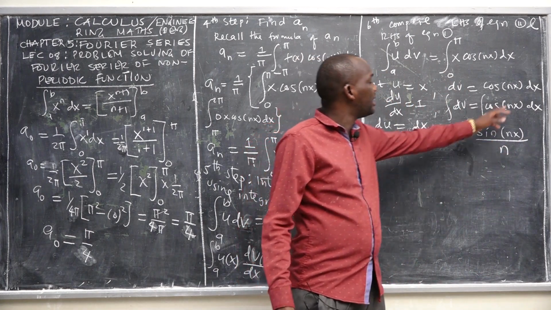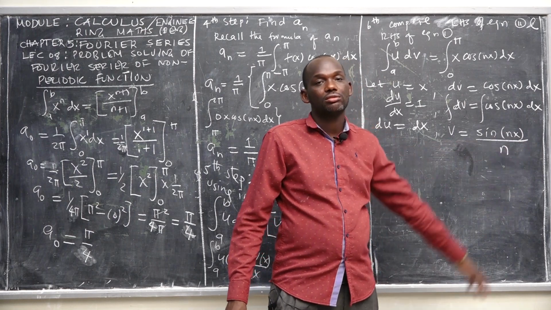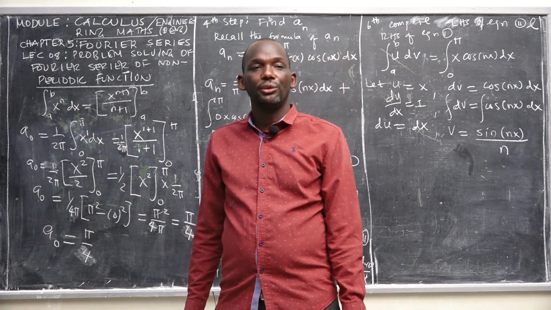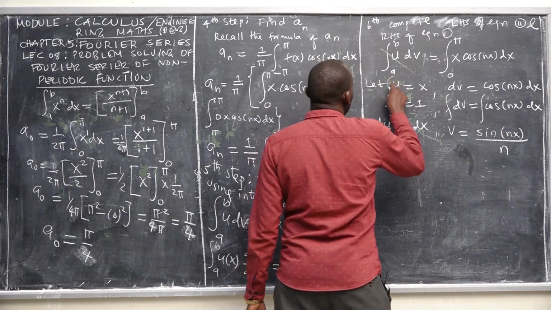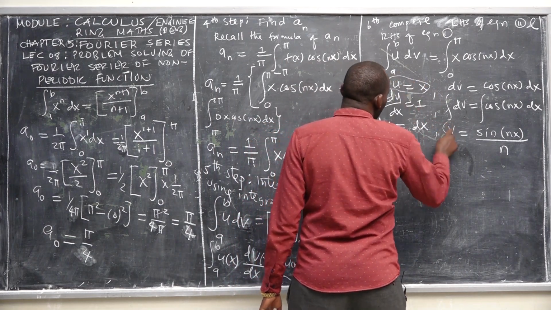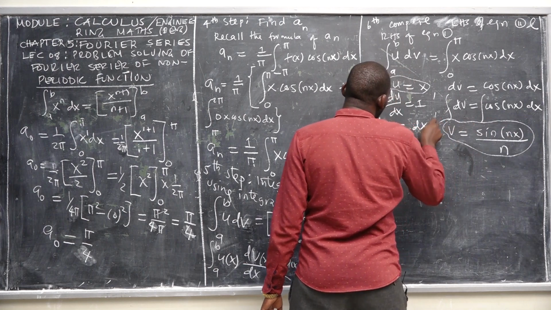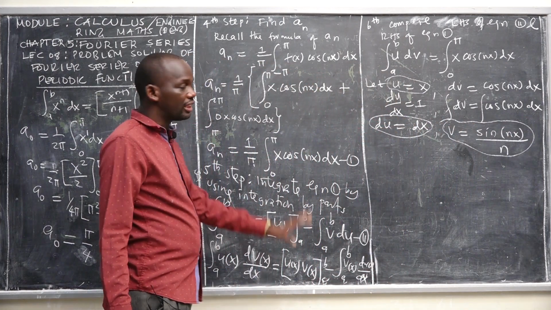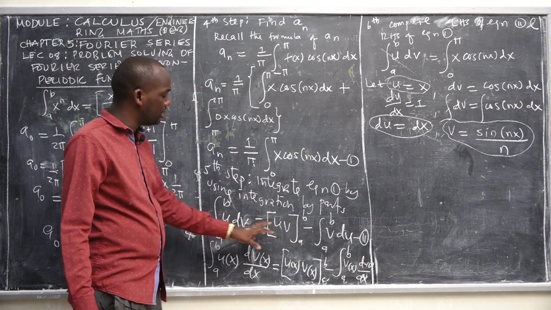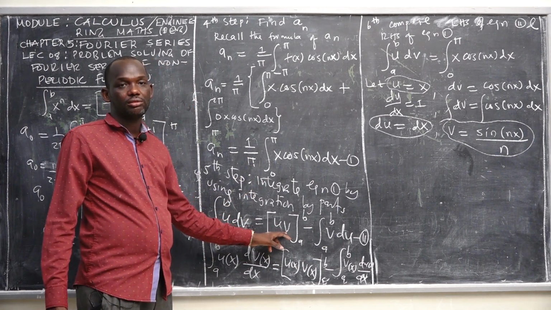Why n? Because n is the coefficient of the angle. Are we together? So simply, according to equation 2, we need this information. But I told you don't do this in the exam. Those are the three pieces of information we need to fill on the right-hand side.